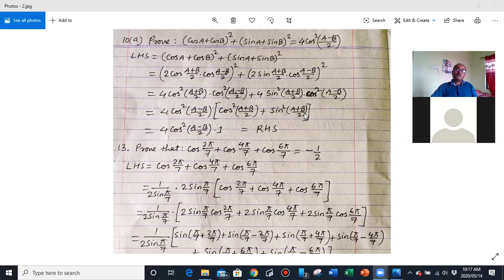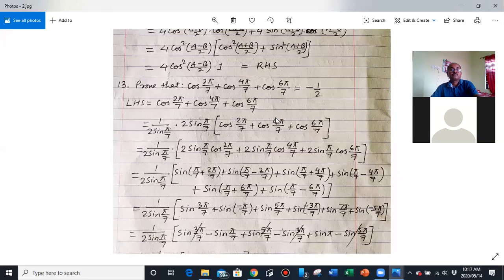So this total is 1 because for any angle, cos square theta plus sin square theta is equal to 1. See, the same angle is there. So this bracket is 1, only this is left. So that is the RHS. Simple.